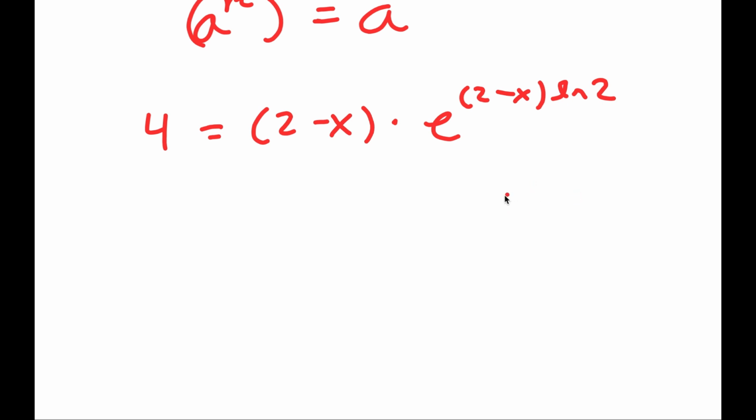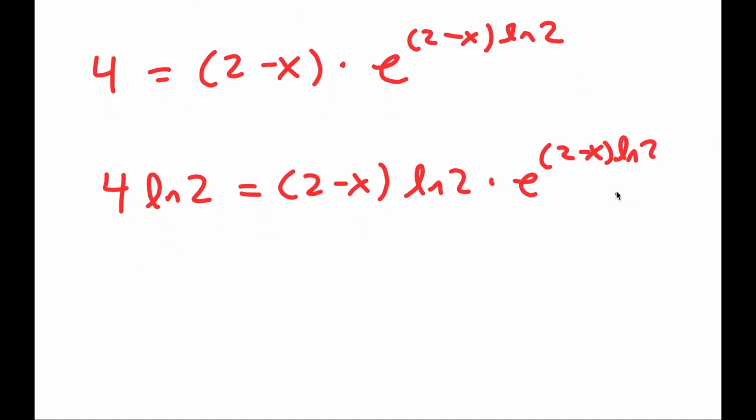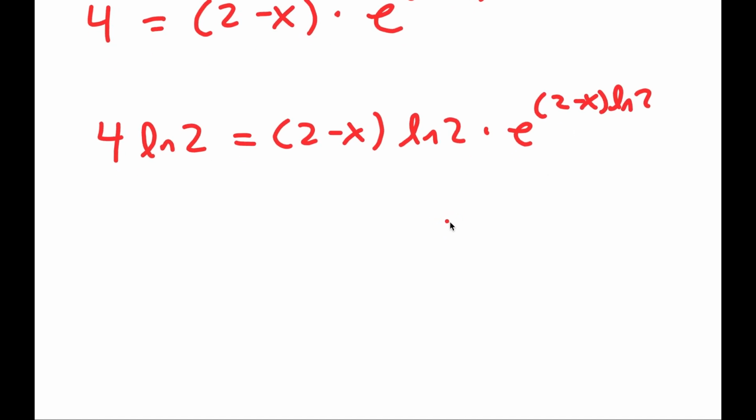Now, I'm going to multiply both sides by ln 2. So I get 4 times ln 2 is equal to 2 minus x times ln 2 times e to the power of 2 minus x times ln 2. And this is where we're going to bring in the Lambert W function.